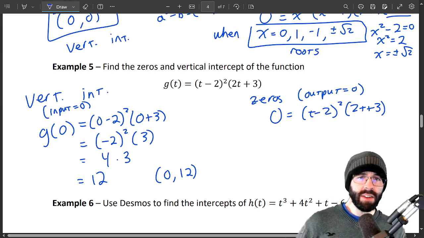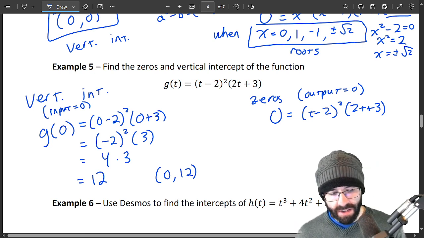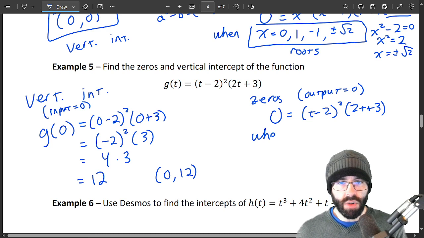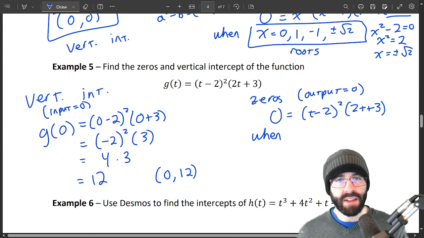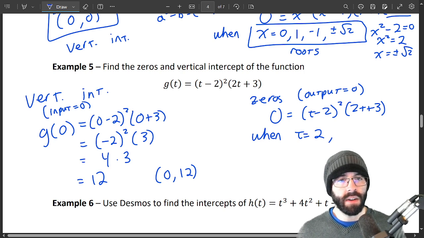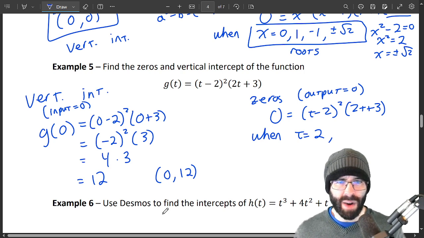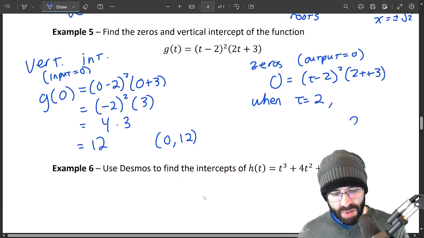And now the zeros aren't that hard. The horizontal intercepts aren't that hard because it's already factored. So this is true when the first piece equals 0. That's when t is positive 2. And when the second piece is equal to 0, what is that? Let's just write it out. The second piece equals 0.